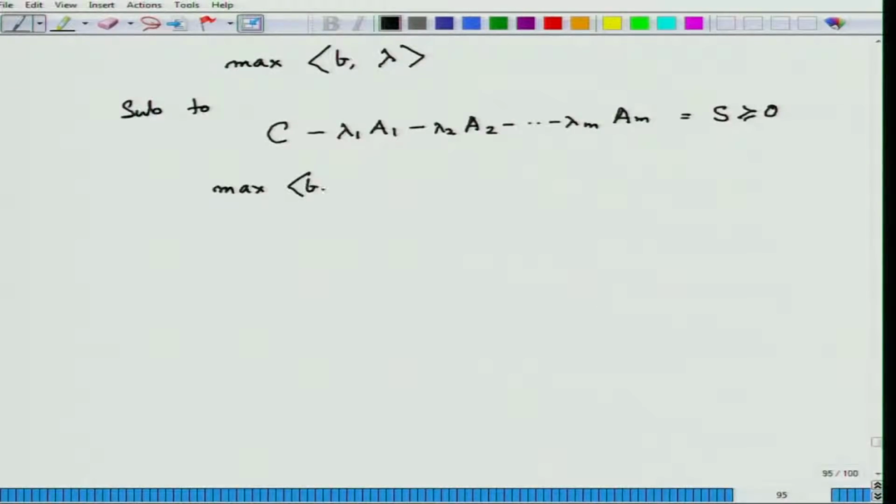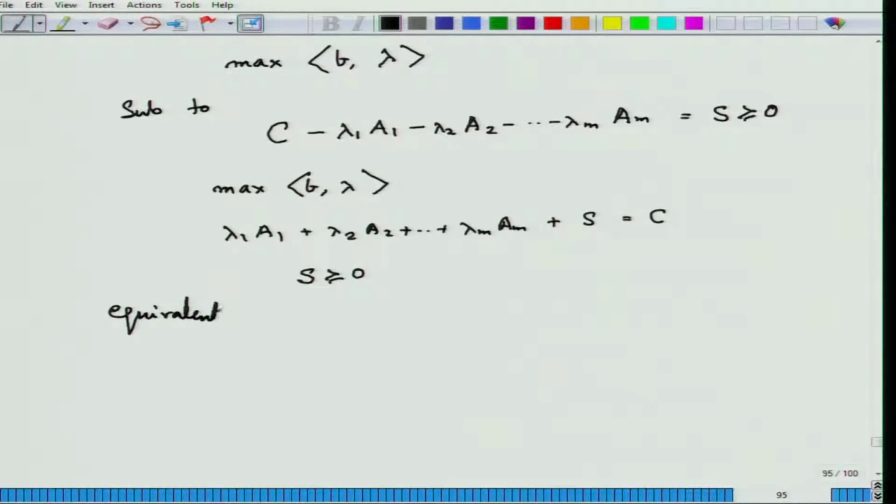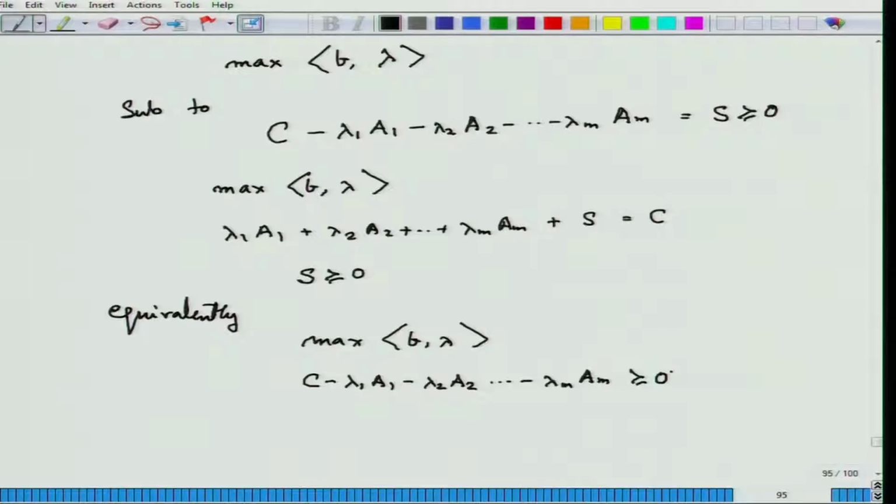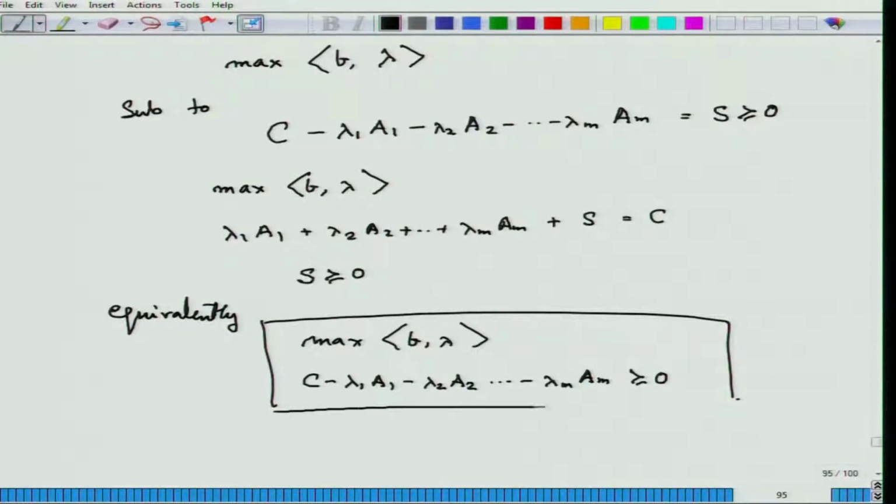Of course, I can write it like this, that is lambda 1 a 1, or you can write it as this.